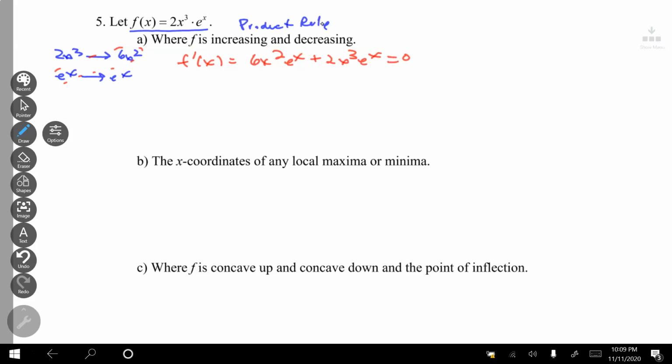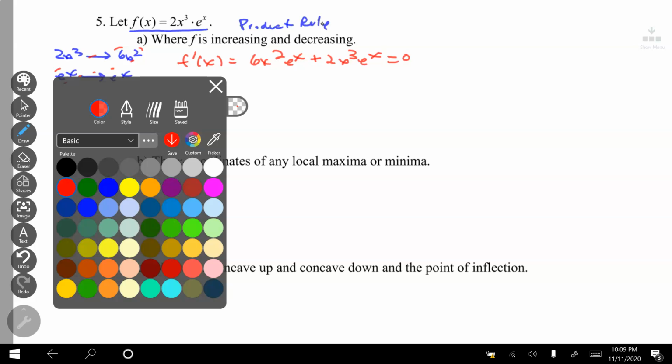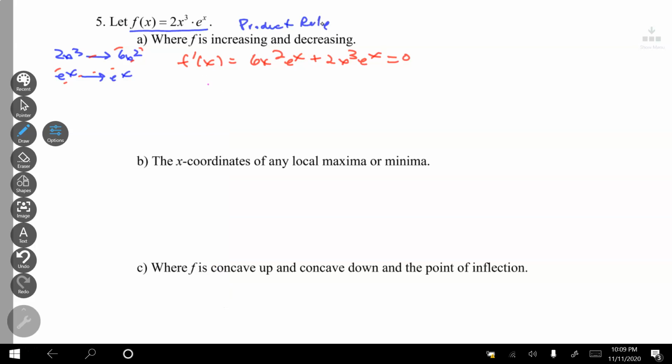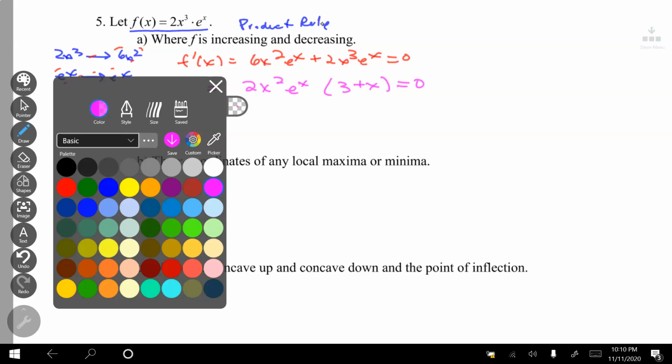I'm going to set it equal to 0. I'm going to factor it. What do they have in common? Well, let's see. I see there's a 2, there's an x squared, and there's an e to the x they all have in common. I take that out. I have a 3 plus x left over, and I have to set everything equal to 0.